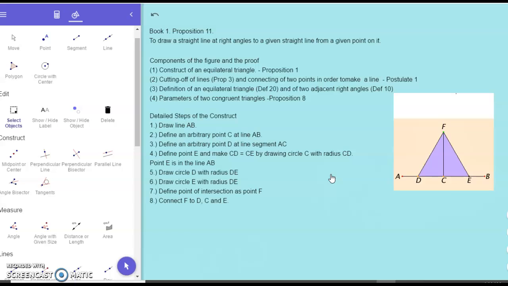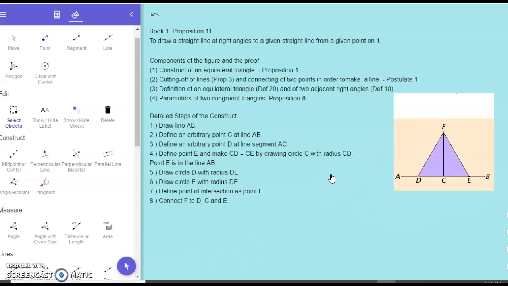And as a guide in our construct for the figure and for the proving part, here are our components. First we have the construct of the equilateral triangle, that's proposition 1. We are also having the cutting off of lines, proposition 3. And there will also be connecting of two points in order to make a line, that's postulate 1.